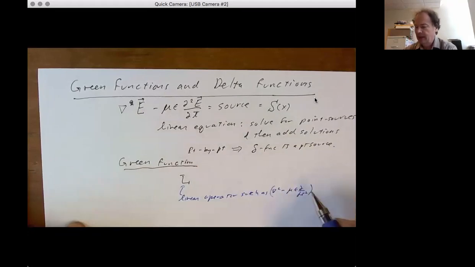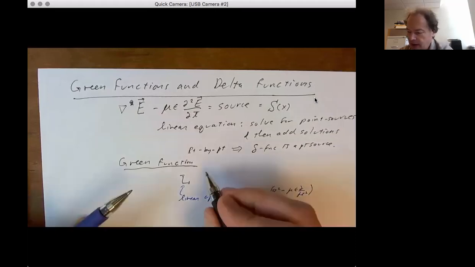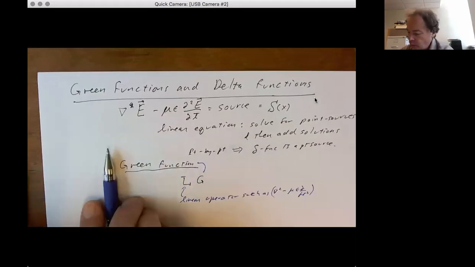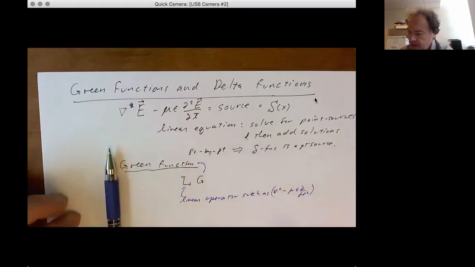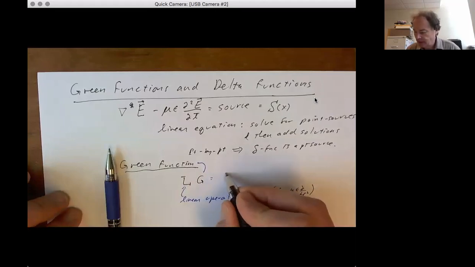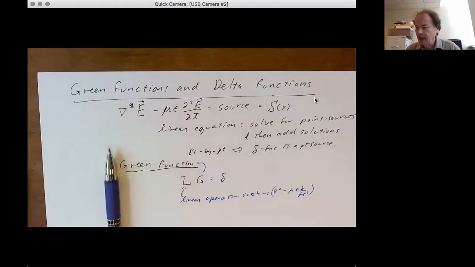That can be L. It operates on some function G. That's going to be our Green function. And we're going to set it equal to just some point source.